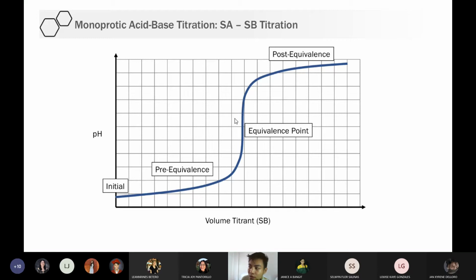The sudden change in the slope indicates that we reach the equivalence point. Okay? So, pag nakita nyo yung ganyang curve na yan, itong S curve na yan, itong sudden change sa slope, no? Pag nagganyan yung slope agad, ibig sabihin, equivalence point na yan. Okay? Andito yung equivalence point. And this is equal to 7 for strong acid, strong base titration.